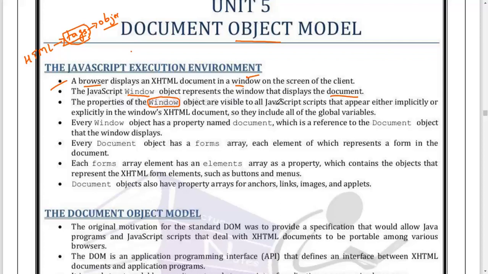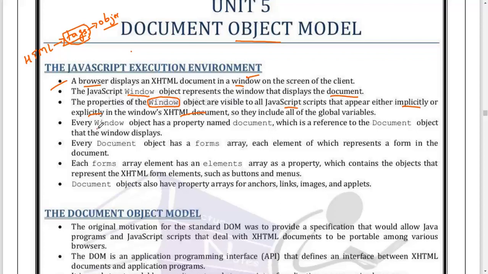Window objects are visible to all JavaScript, so they can be accessed by all JavaScripts. And it will be either implicit or explicit in the HTML document, depending on the operating system and browser that you are using.